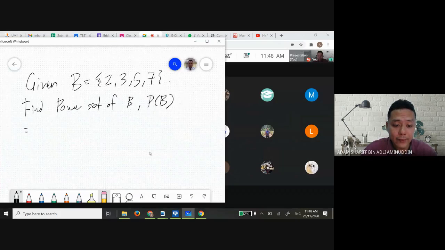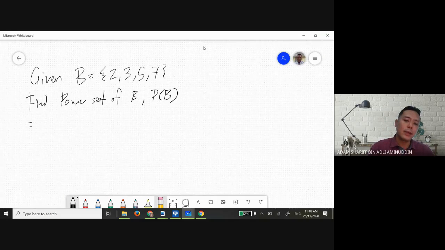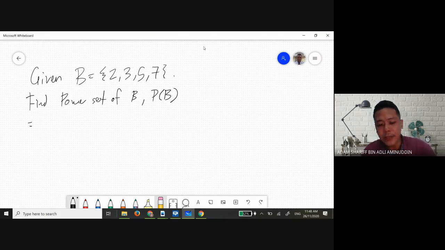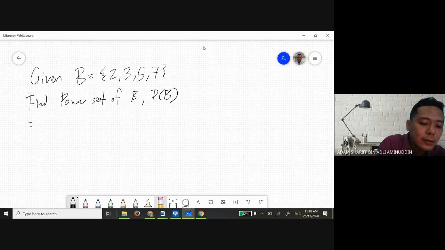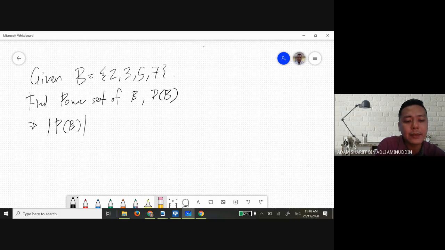B is 2, 3, 5, 7, find P(B), itu je. Okay, I will do it together with you because we have only around 10 minutes left. How many possible subsets can be made? I always do that as my reference first. It will be 2 to the power of 4, so 16 possible subsets.